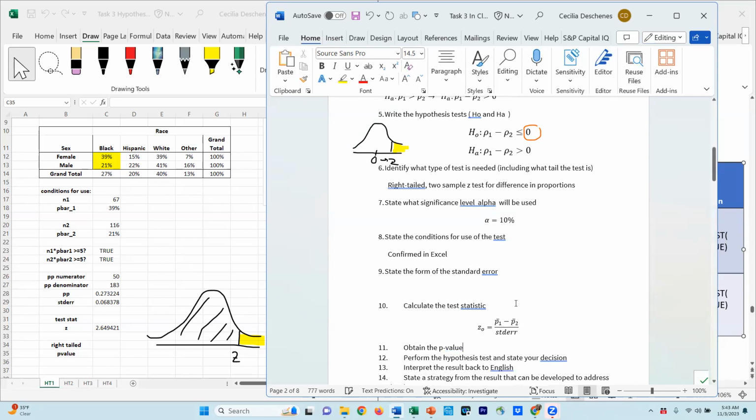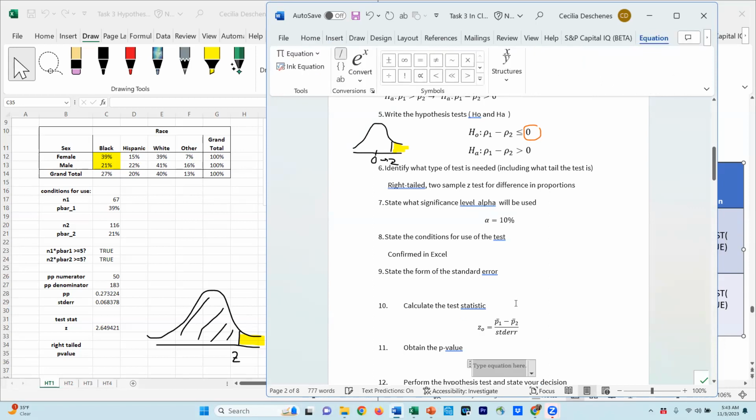And then we're going to obtain the p-value. And this is where I told you that in Excel, we have to do a little trick where what we want is the probability or the area under the curve when Z is greater than or equal to the 2.65 approximately. But we can't get that out of Excel. So we've got to say it's 1 minus the probability that Z is less than or equal to 2.65.